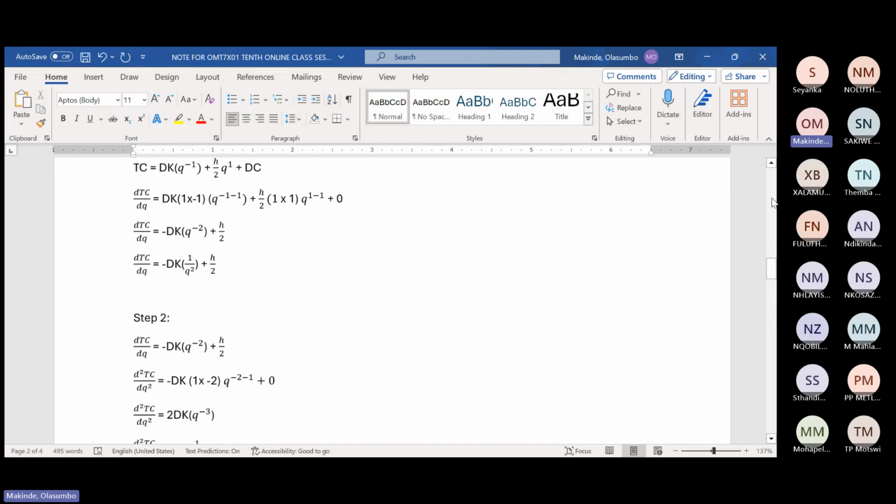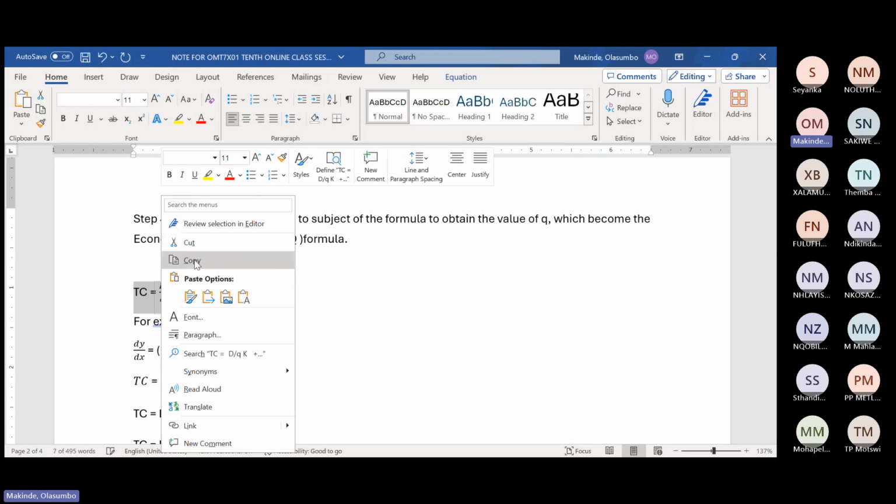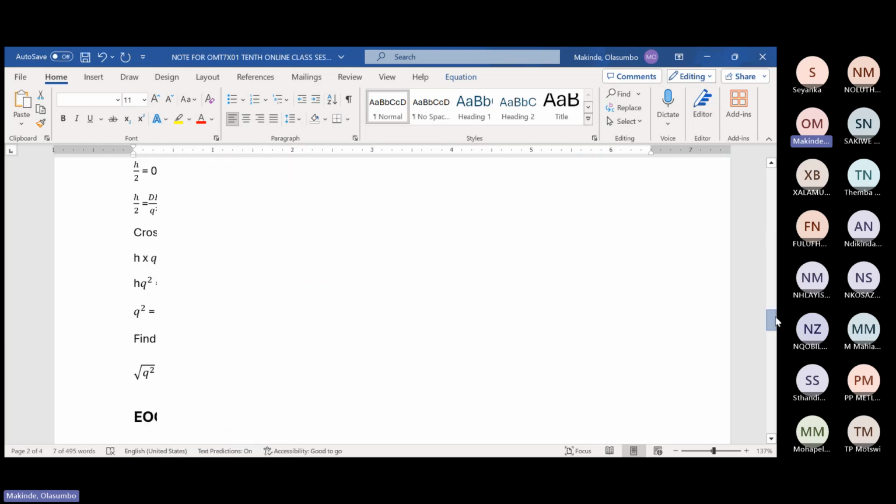So if we find TC at Q equal to that, we take our total cost formula again, which we have seen. I'm not going to make it EOQ because I'm dealing with Q, which is not EOQ.